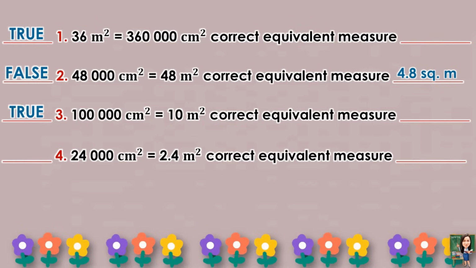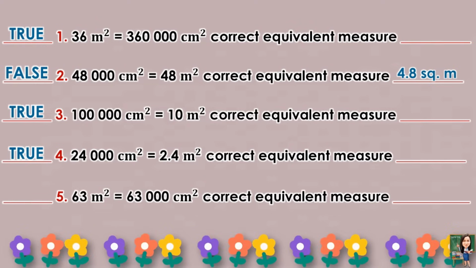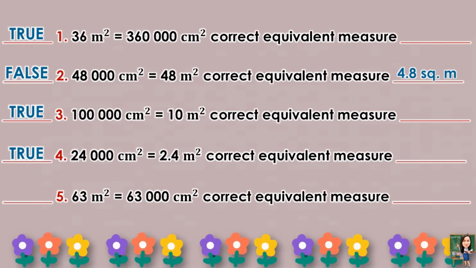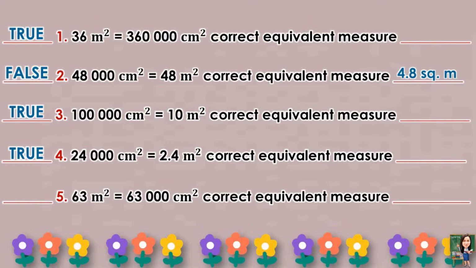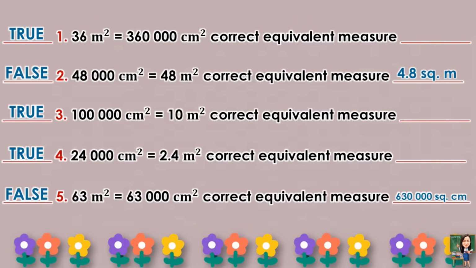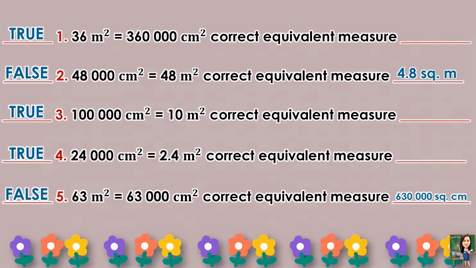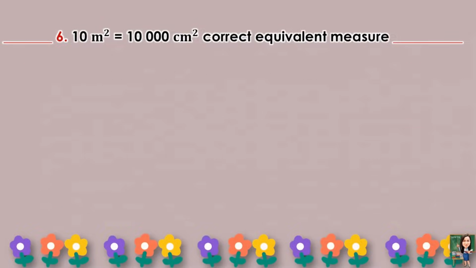The answer is true. Number 5. 63 square meters is equivalent to 63,000 square centimeters. Is it true or false? Very good. The answer is false. The correct equivalent measure is 630,000 square centimeters.